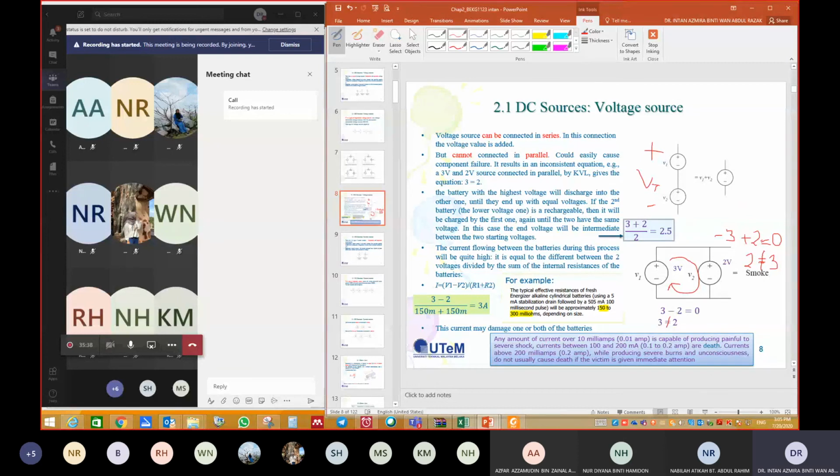Any amount of current over 10 milliamps is capable of producing painful to severe shock. Current between 100 and 200 milliamps is there. Current above 200 milliamps will produce severe burns and unconsciousness, but does not usually cause death if the victim is given immediate attention. So 3 amps is considered a high current.